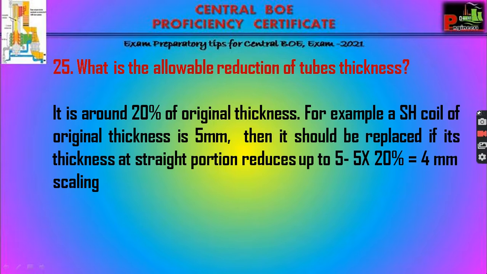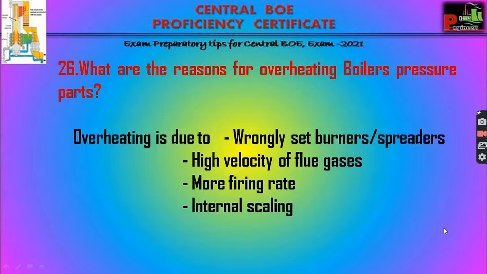So it is around 20% of the original thickness. If the coil thickness is 5 mm, then it should be replaced if its thickness is reduced below 4 mm. So 20% is the allowable reduction in thickness.